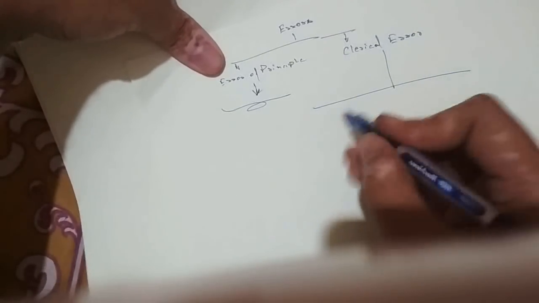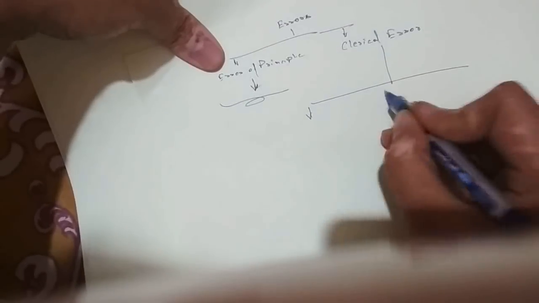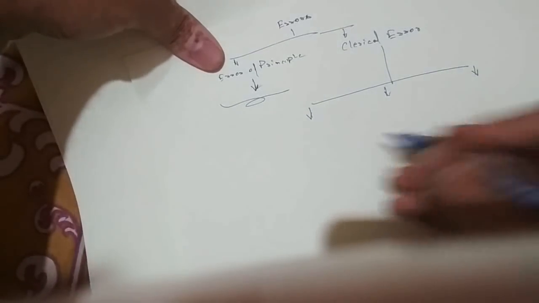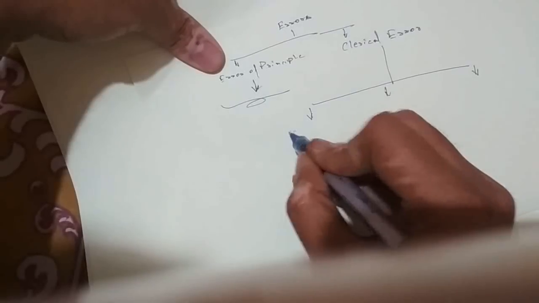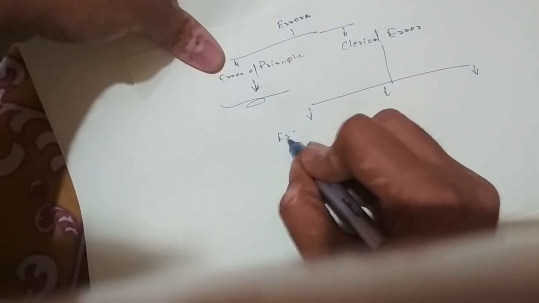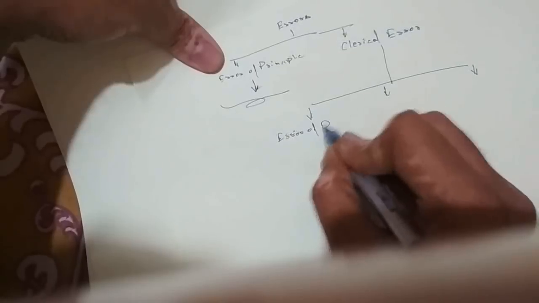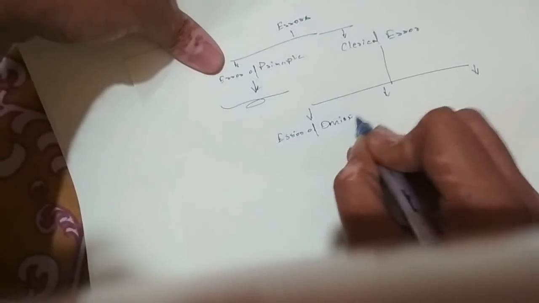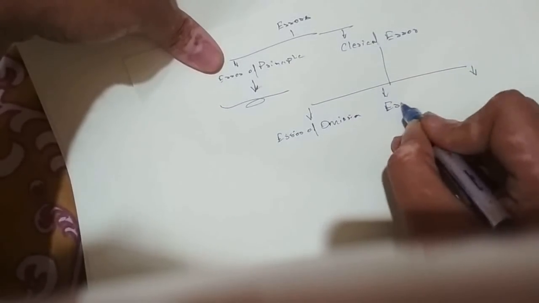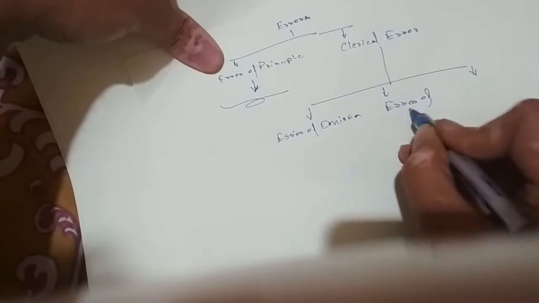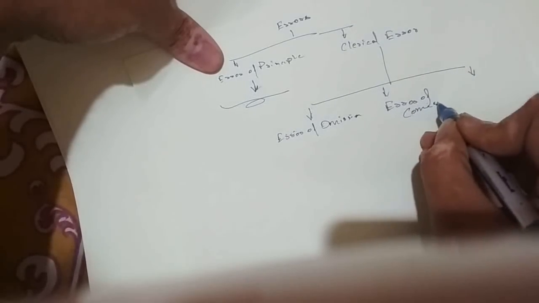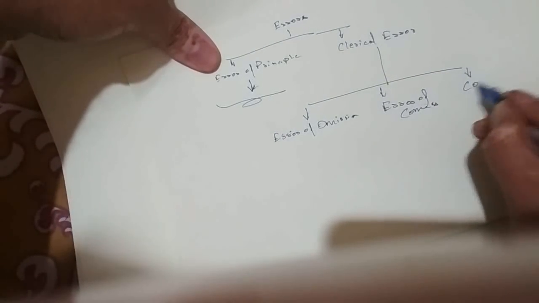And clerical errors have three things under their belt: the error of omission, the error of commission, and the compensating error.